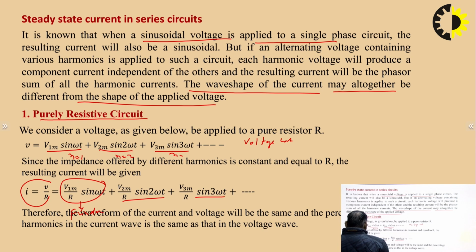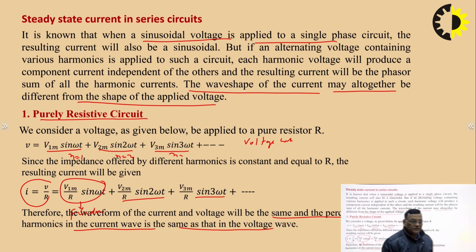Therefore the waveform of the current and voltage will be the same, and the percentage of harmonics in the current wave is the same as that in the voltage waveform if the circuit is purely resistive, because R is independent of frequency; R is not changing.